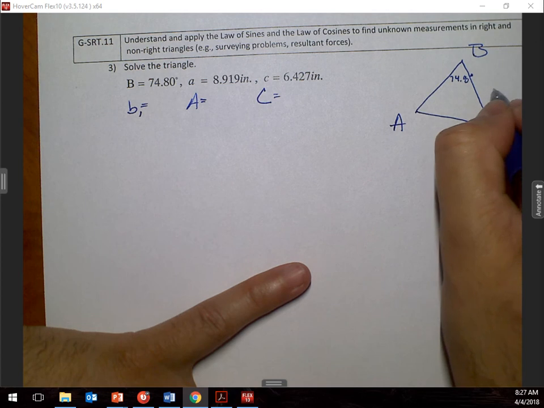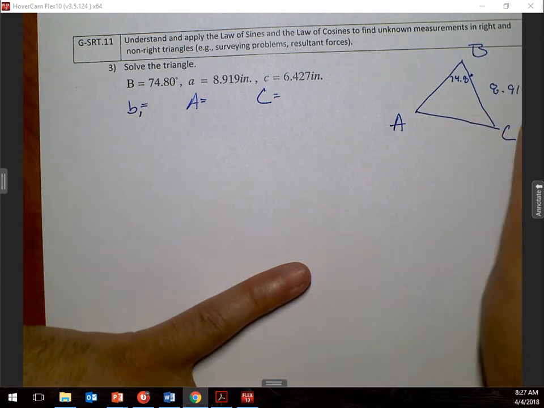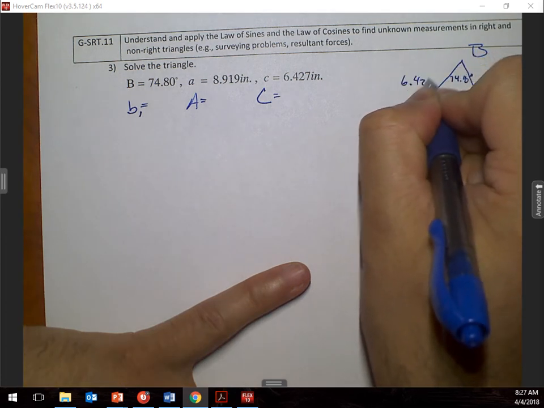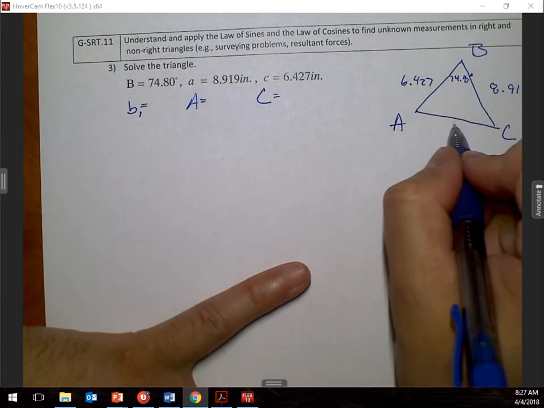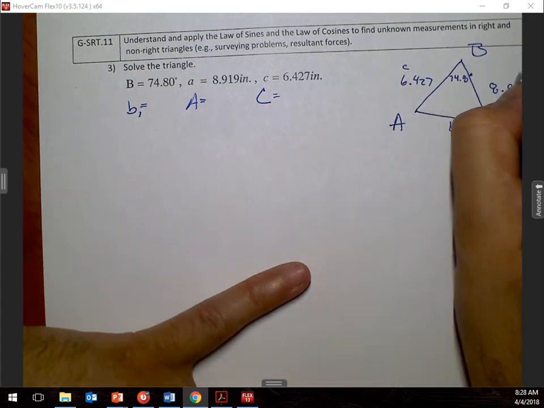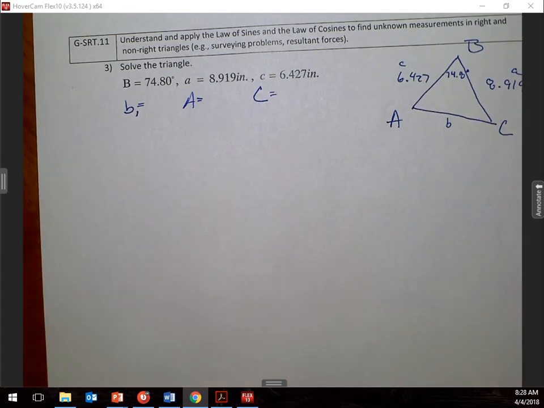Little a is 8.919. Little c is 6.427. And that means little b is right here, little c is over here, little a is right there.